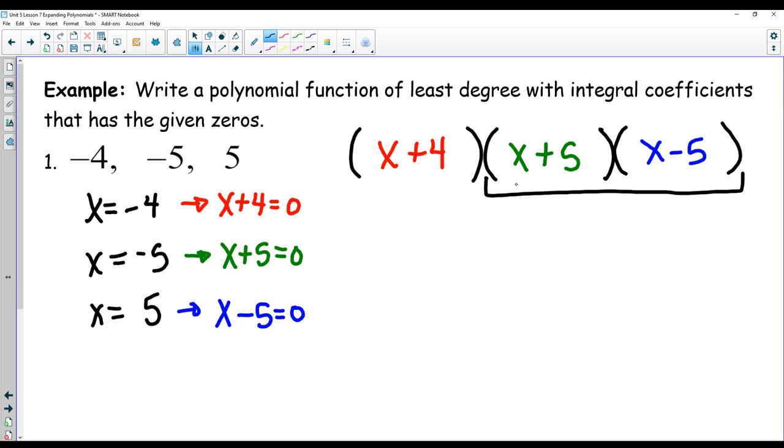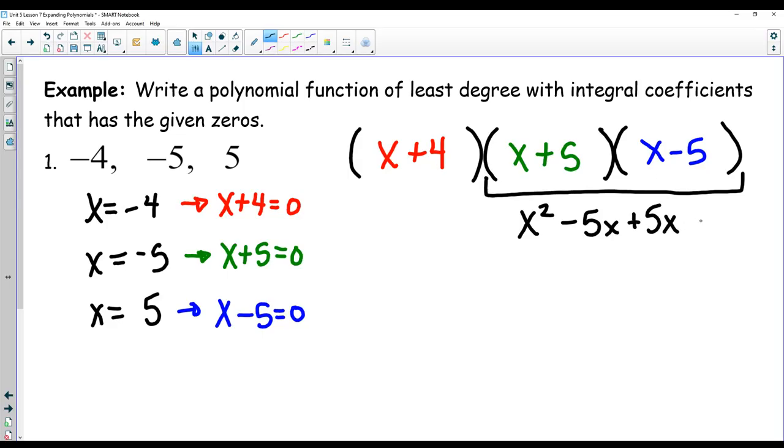But since we have x plus 5, x minus 5, this is a special case, and you'll see why in a second. If I do my foiling, my firsts, x times x gets me x squared. x times negative 5 is my outers. 5 times x is my inners.